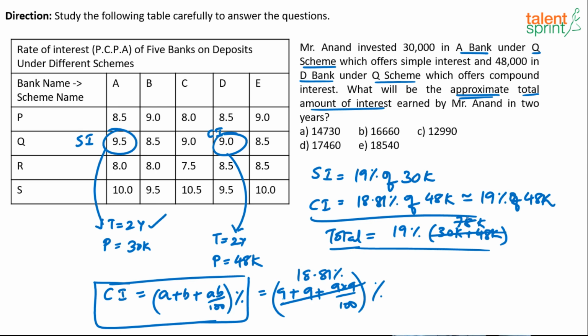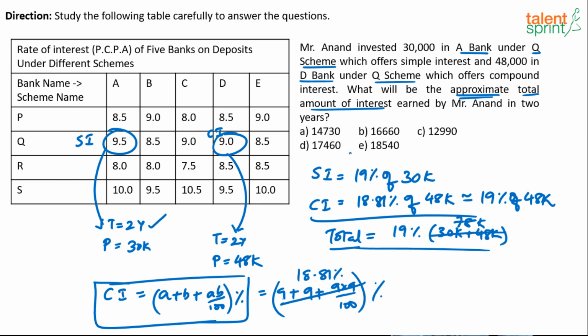Yes or no? We want 19%. 19% is 20% minus 1%. So 15,600 minus 1%, which is 780. So 15,600 minus 780 is going to be 14,820 to be precise.